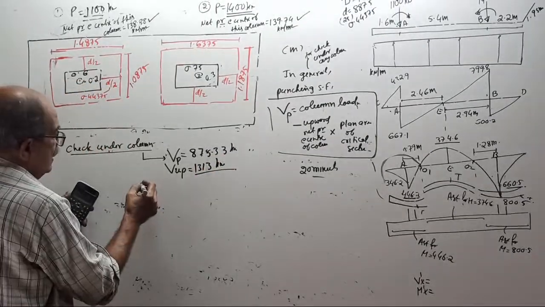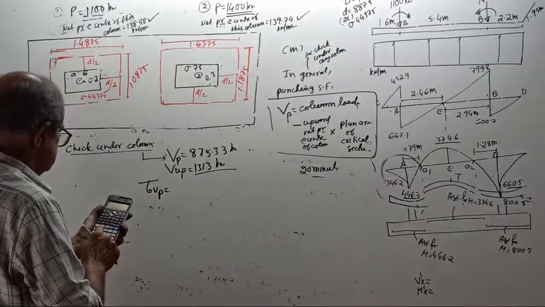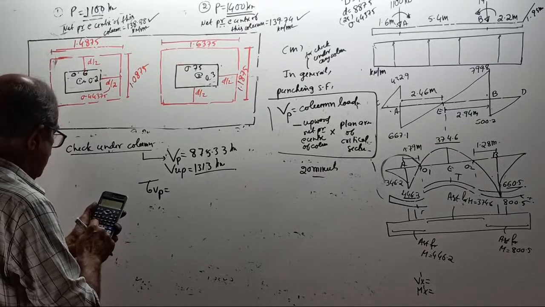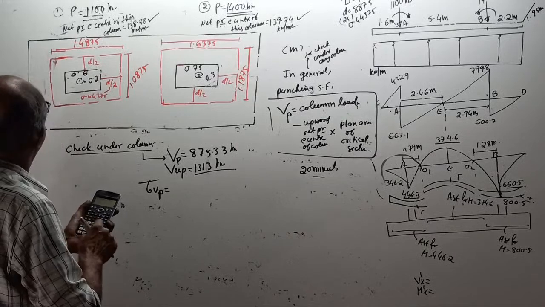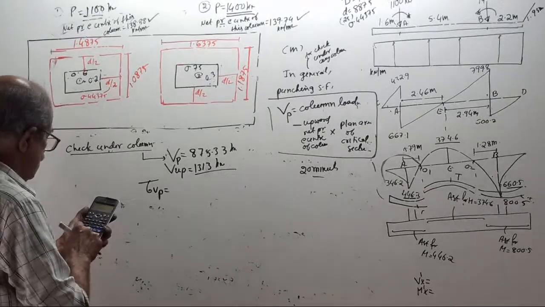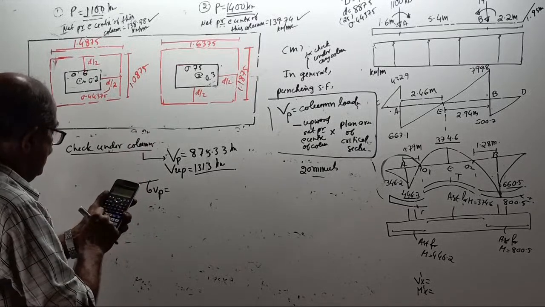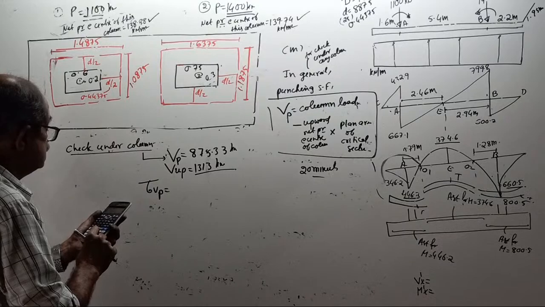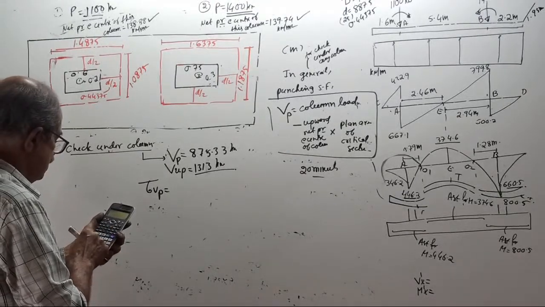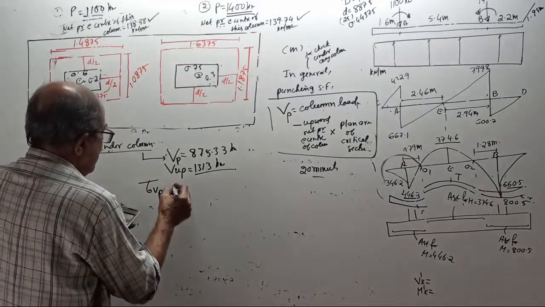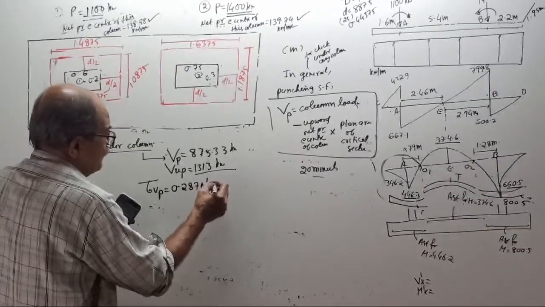Then tau VP is 0.287 Newton per mm square.